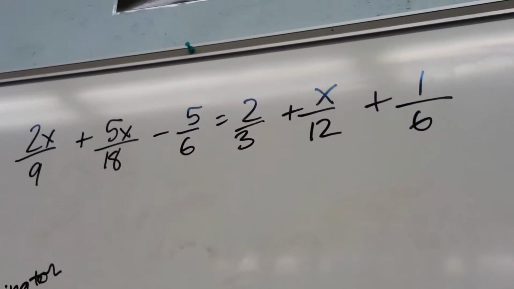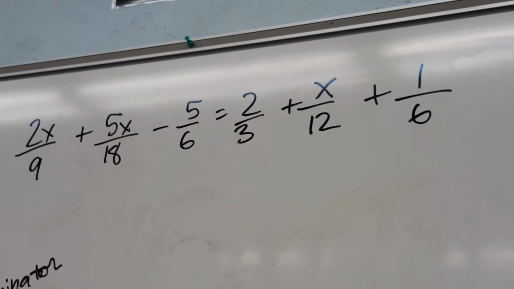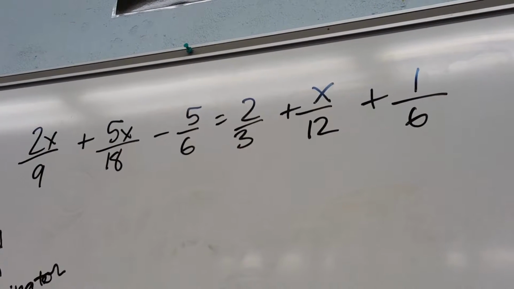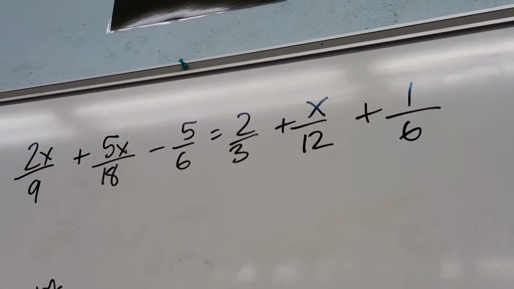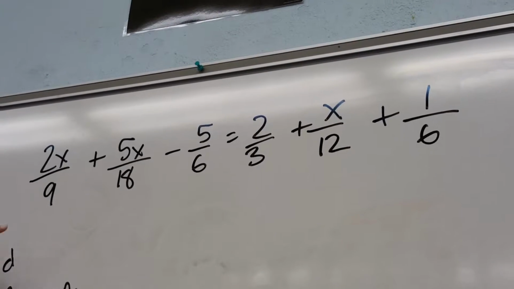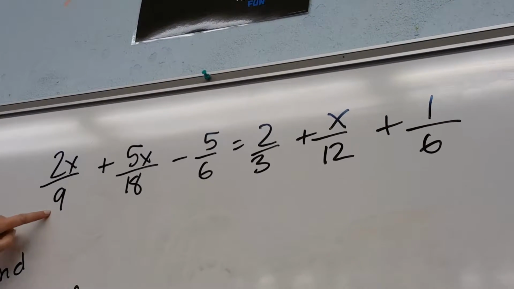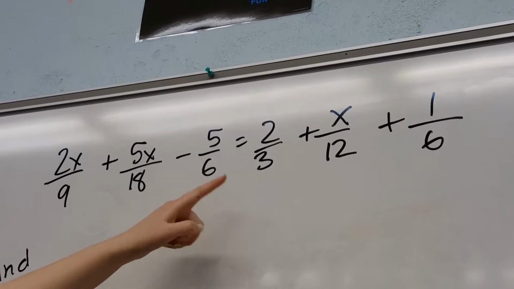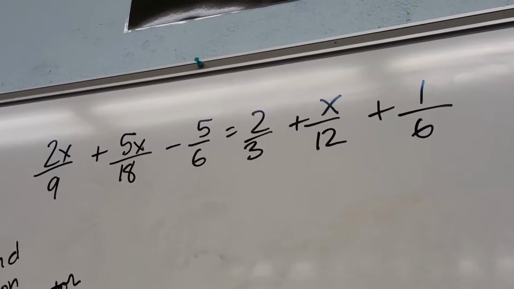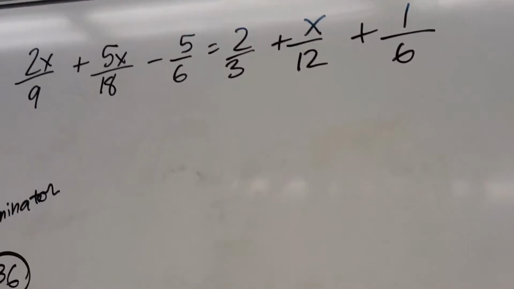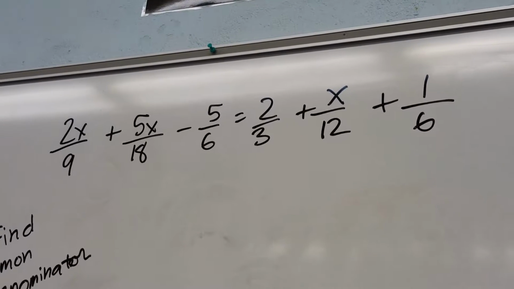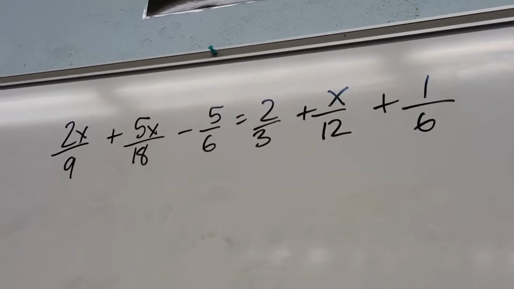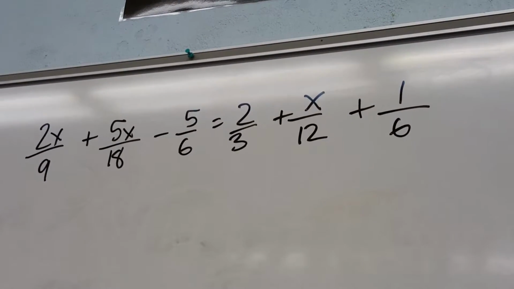So what's something that 18 and 12 can both go into? Well, they will both go into 36. So 36 ends up being our common denominator because 36 is divisible by 9, by 18, by 6, 3, 12, and so on. Okay, so we're going to multiply everything, all the terms, both sides of the equation, by 36.